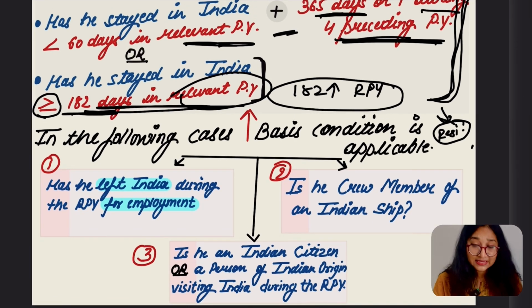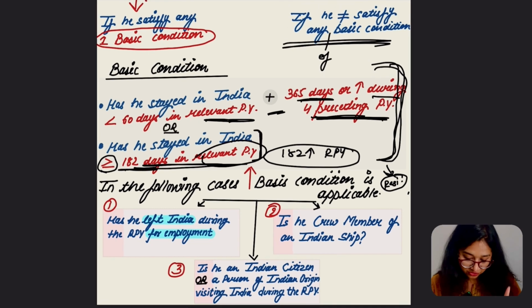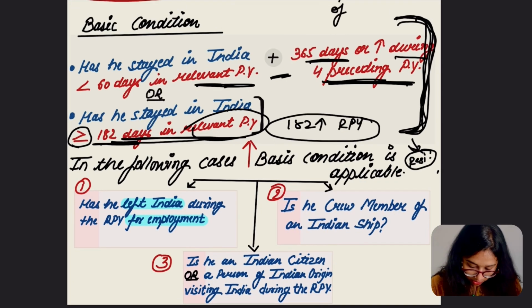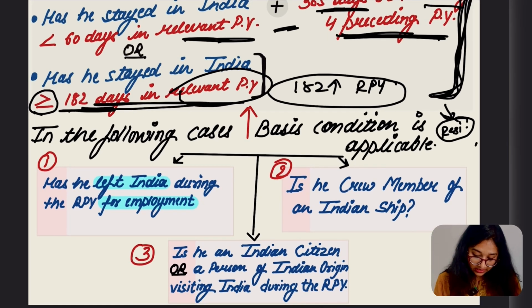Now let's go for some other conditions. For some, we have to go for only one basic condition. Among these two, there is only one condition we have to follow for those. Now let's go for what the cases are.